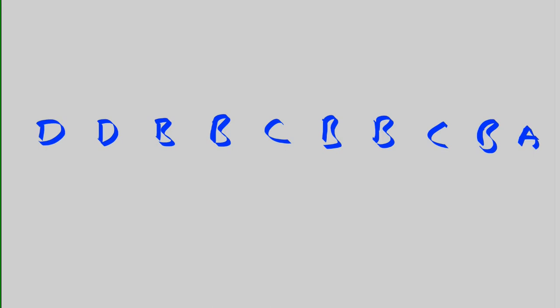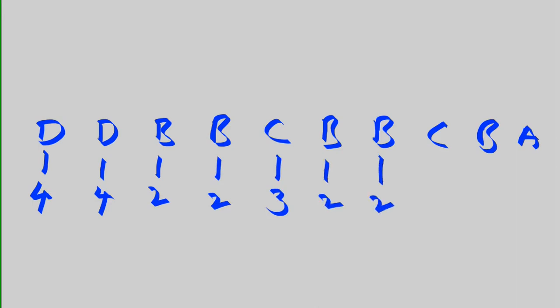So D is representing 4 and another D is representing 4. That means in the alphabets, D is at which place: A, B, C, D, the fourth letter. B is the second letter, and C is third, and B again 2, B again 2, C 3, B 2, and A 1.